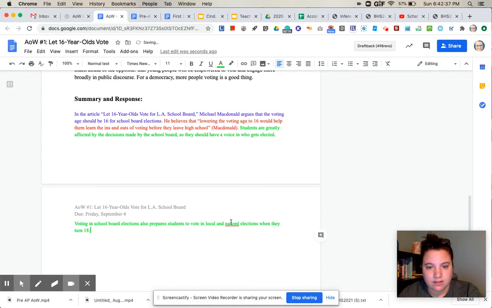Go ahead and spell the word national correctly. That would be helpful. Okay, so now I have 2 commentary sentences, and my commentary sentences add extra analysis to this concrete detail and explain how it supports the main idea that the voting age should be 16 for school board elections.